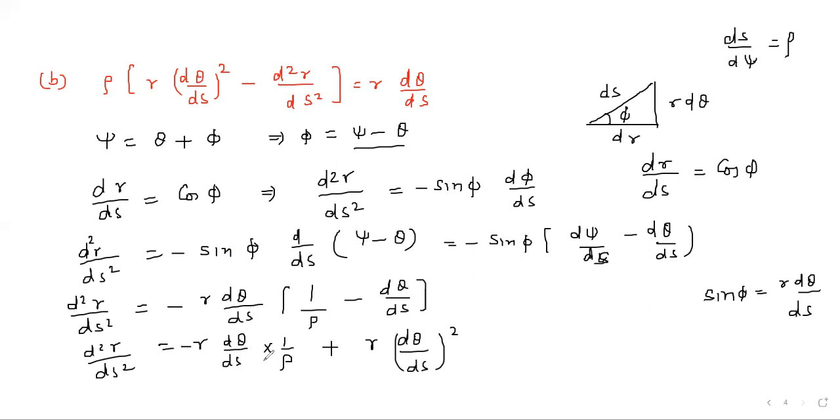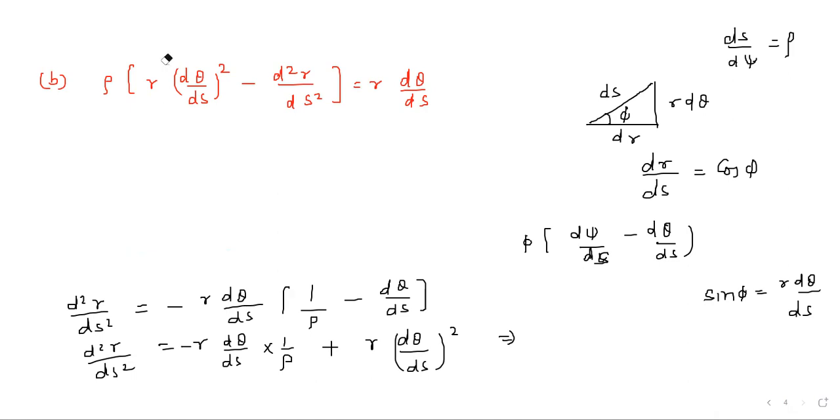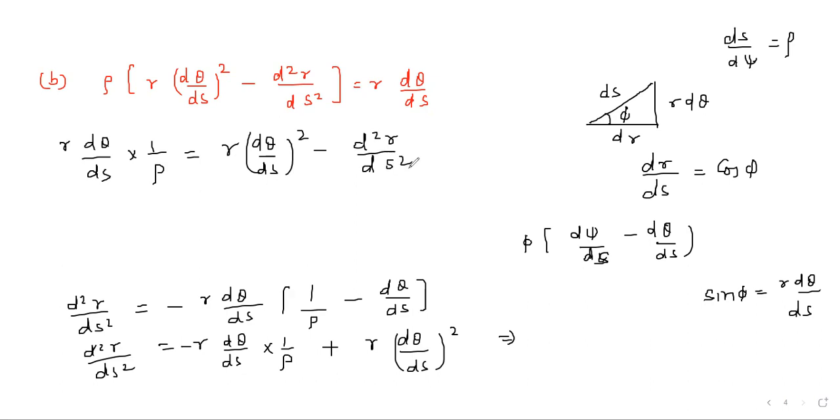Now we can take this term to LHS. So it becomes r d theta by ds into 1 upon rho, and this term remains on the RHS, r d theta by ds whole square, and this term goes to RHS as minus d2r by ds2.